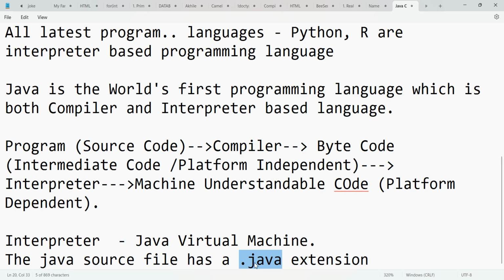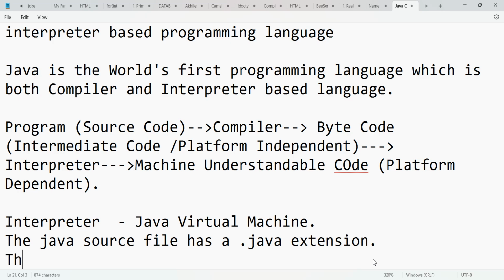For document, you have .doc, .docx, and so on. So a Java source file will always have a .java extension. Next comes the concept of bytecode, the intermediate code.